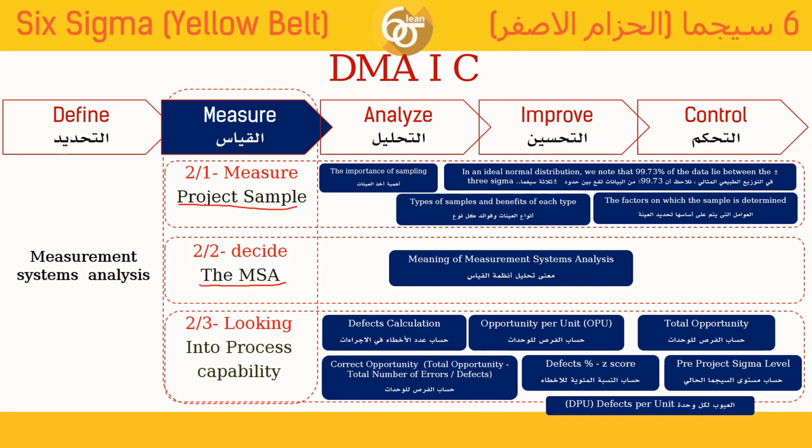It is important for you, you can go for it. If it is not important, you can ignore it and go for the other one. Also, we talked about the process capability. We calculate the Z level, which is a Six Sigma level, and also we calculate the DPU.